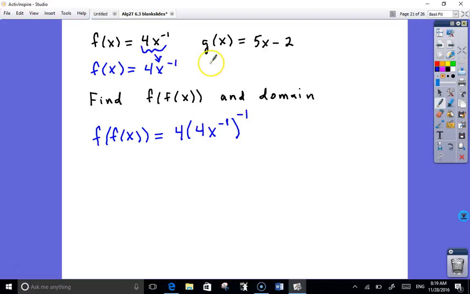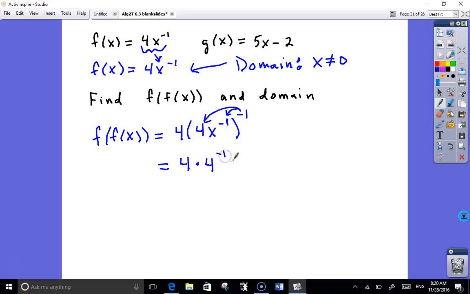Okay, what was the domain here? What's the domain of f of x for x to the negative 1? Domain is x does not equal 0. Okay, now let's do this here. How do I simplify? Well, first, what do I do with this negative exponent? I distribute it. So that is 4 times 4 to the negative 1 times x to the first, right?